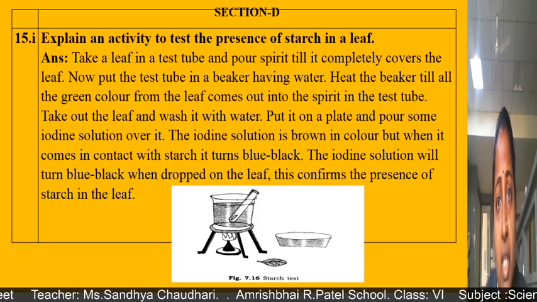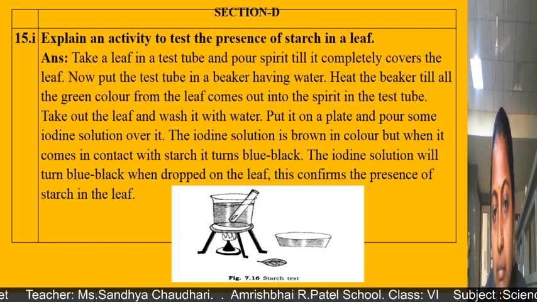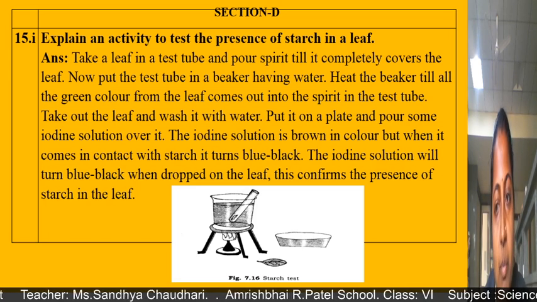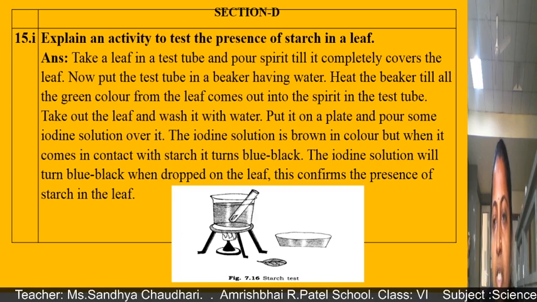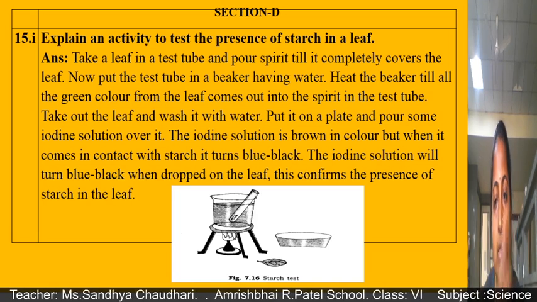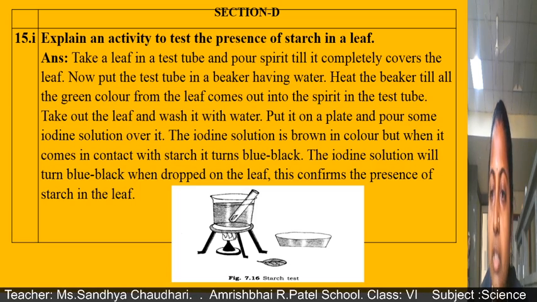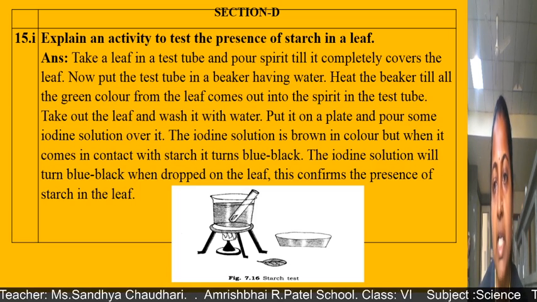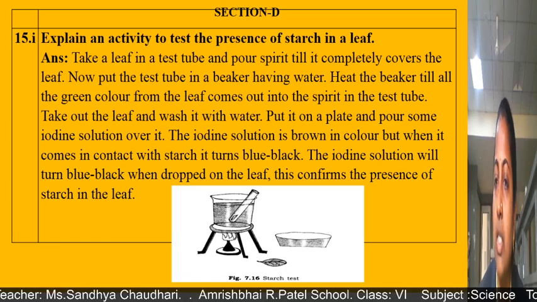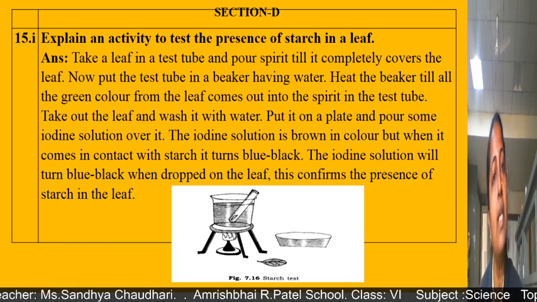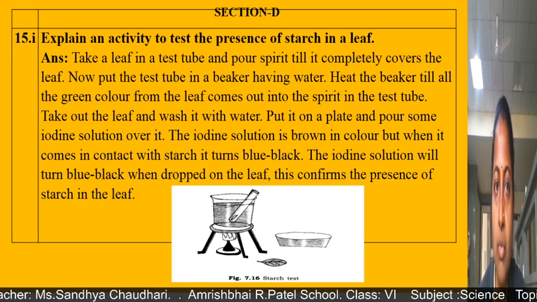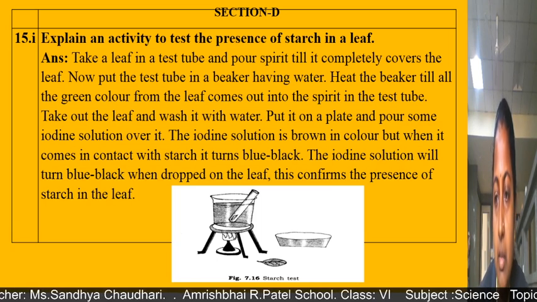If possible, you can draw a diagram, but if time is not permitting, it is not compulsory to draw a diagram. But if the diagram is asked in the question, you must draw it. They have not asked for a diagram, so no need. Only explain that activity. So this will be for 3 marks.